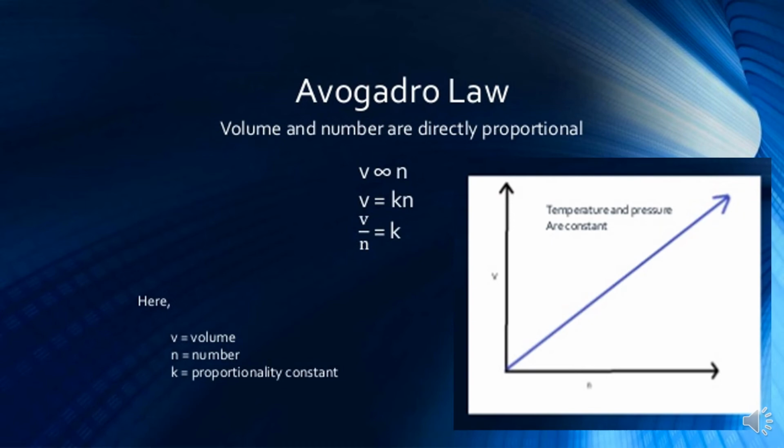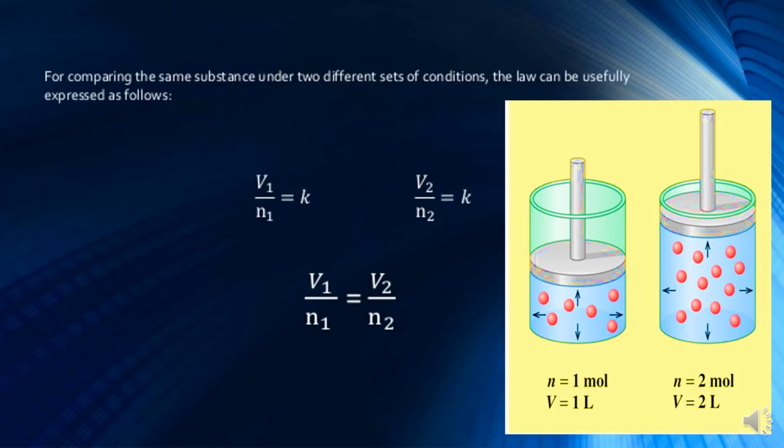That means the ratio of volume and number of moles for a particular gas is always a constant at constant temperature and pressure. Now suppose 1 mole of a gas is occupying 1 liter volume at a particular temperature and pressure.